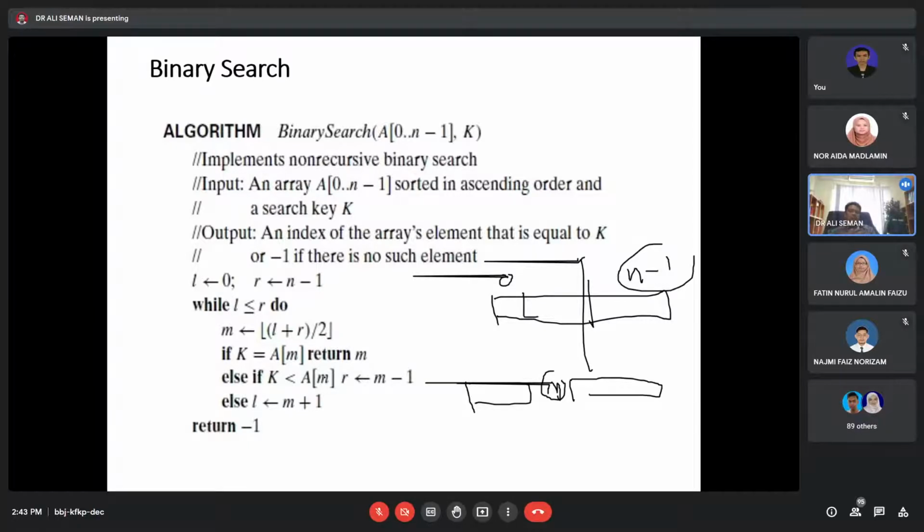We do the process for each: if the search key is less than M, we search the left subarray and divide again. If it is greater than M, we search the right subarray, and process it until the stopping condition, which is that we found the search key. This is the technique for binary search.